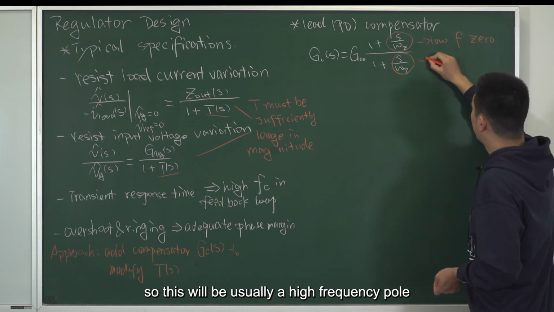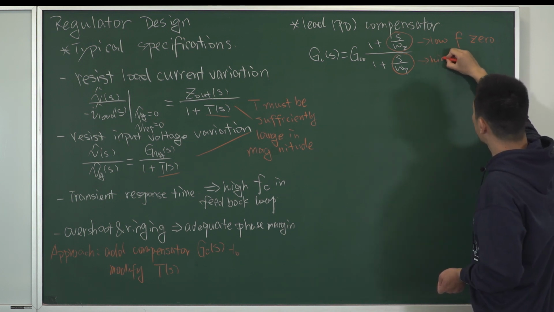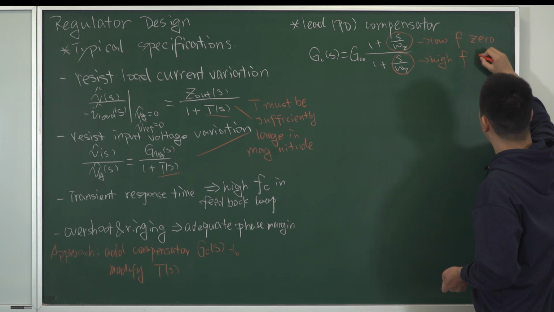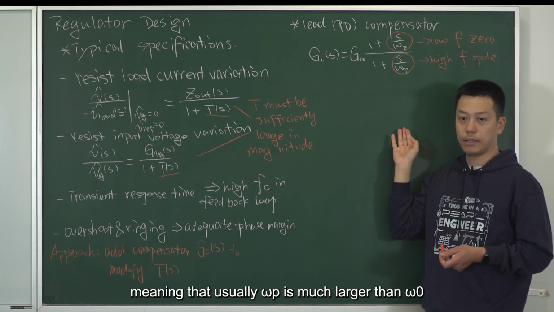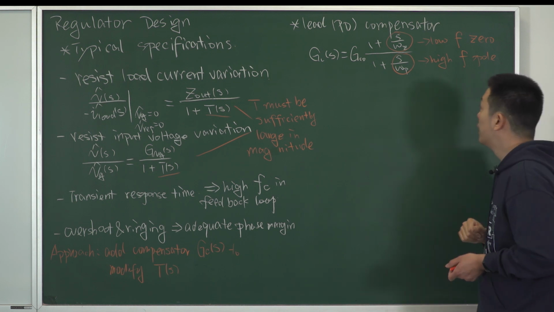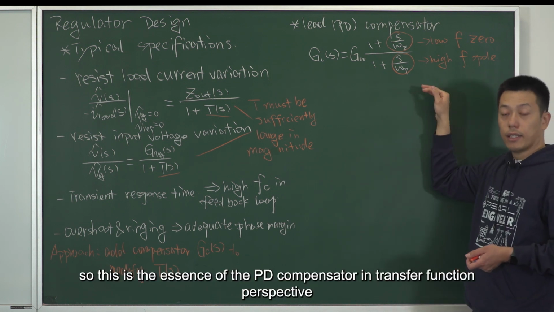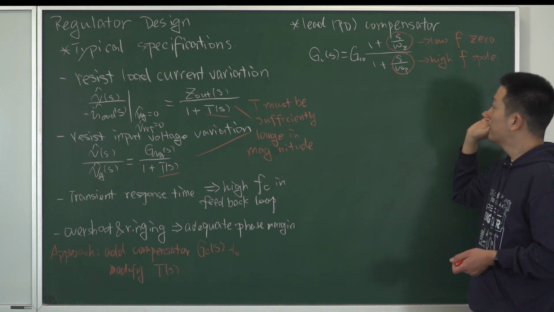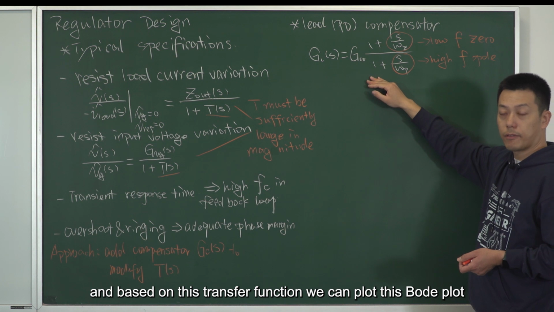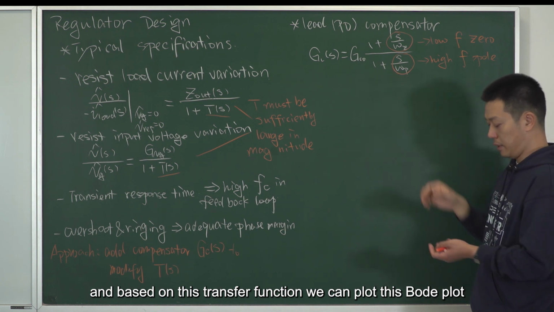So this will usually be a high frequency pole, meaning that usually omega_p is much larger than omega_z, right? So this is the essence of the PD compensator from the transfer function perspective. And based on this transfer function, we can plot its Bode plot.